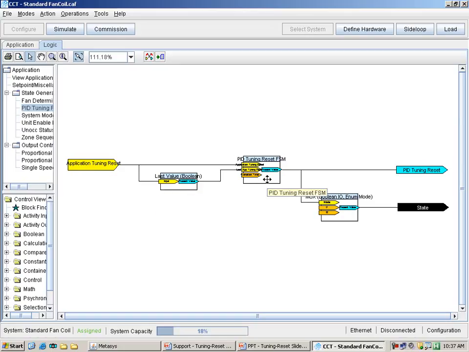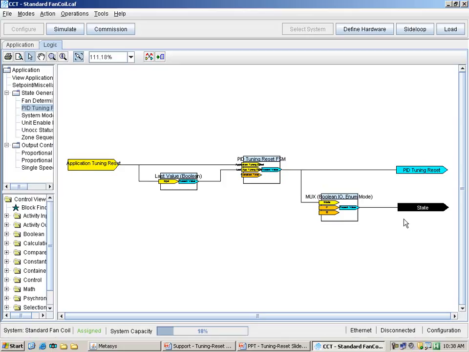And then there's the PID tuning reset finite state machine block, which as I mentioned earlier outputs either a normal or one of 4 commands. Here's the mux block, which outputs either a true or false, depending on whether we're doing self-tuning. Since the PID tuning reset connector here goes to our modules, we'll take a look at that.